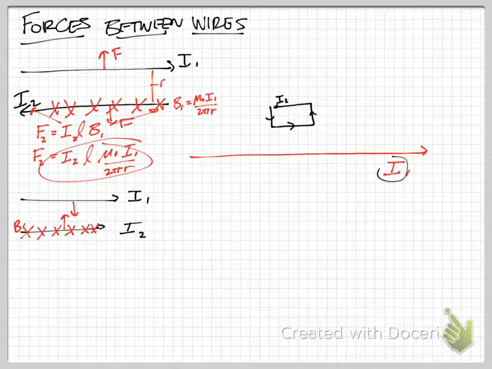So if we look at the magnetic field from current 1, we do our right-hand rule, we see that the magnetic field is out of the page. That's what all these dots are supposed to be. So we have a magnetic field that is out of the page because of wire 1. We'll call it magnetic field 1.